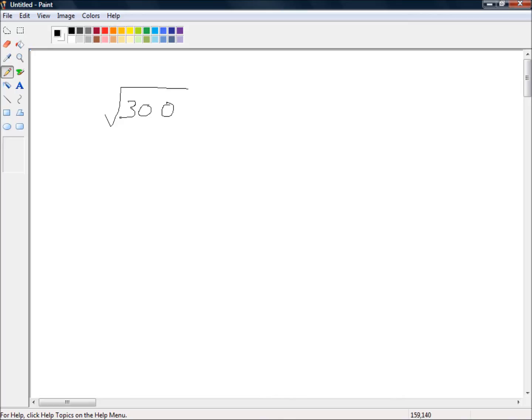Okay, well, let's start by checking, does it meet the first criteria that it can't have any factors that can be raised to the power of 2, because this is a square root, so we assume the index is a 2. Well, the square root of 300 is just the square root of 3 multiplied by the square root of 100.